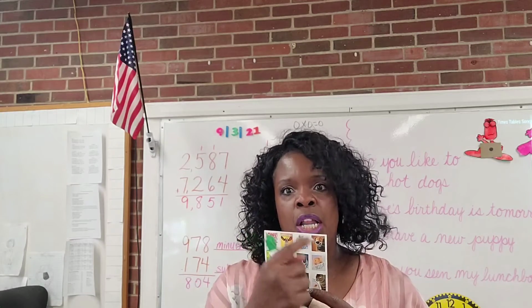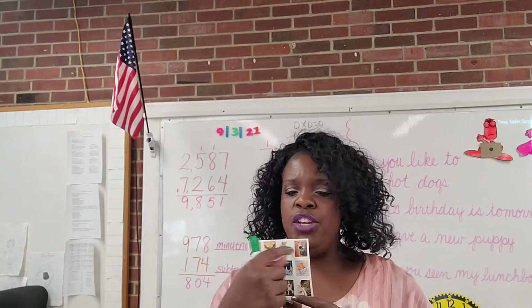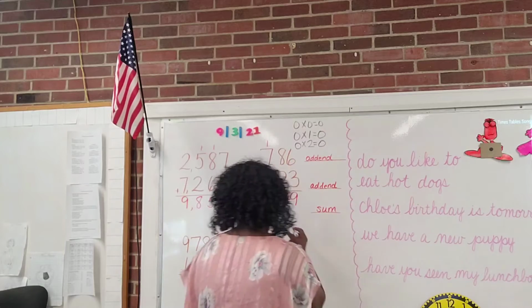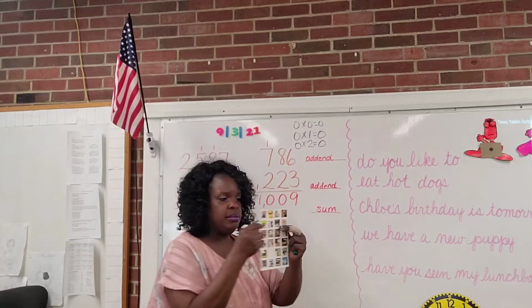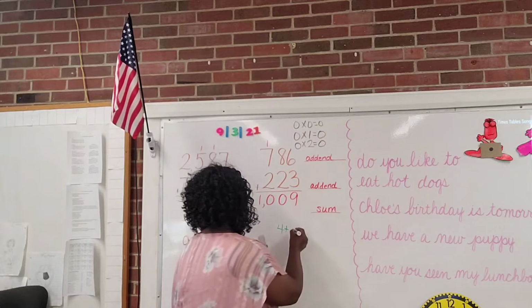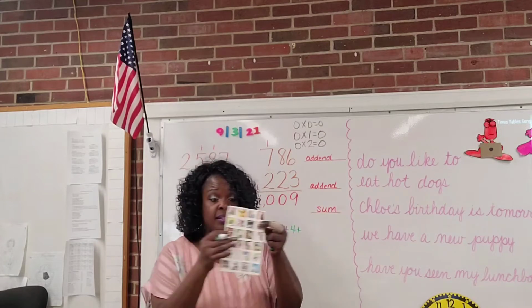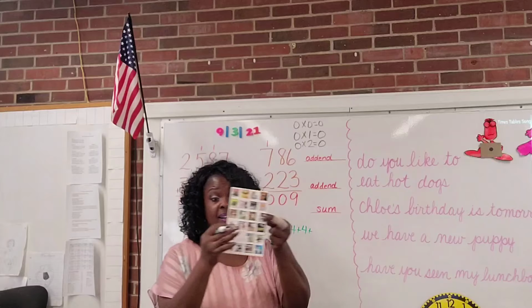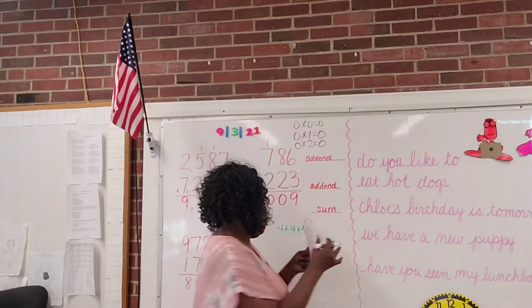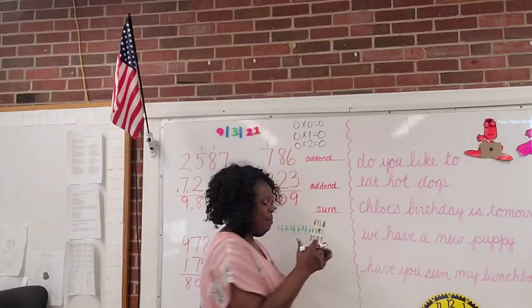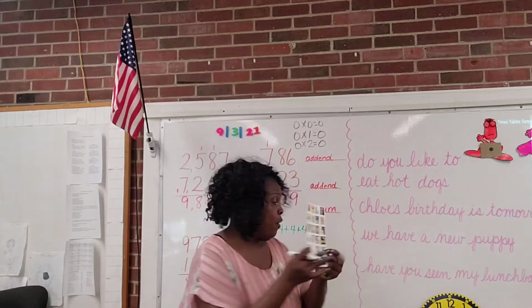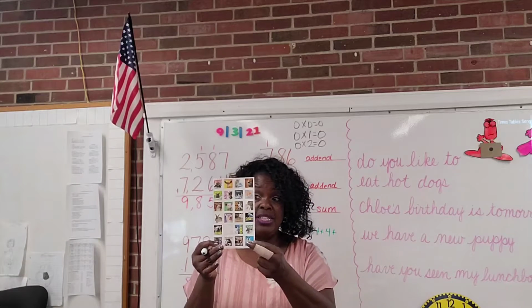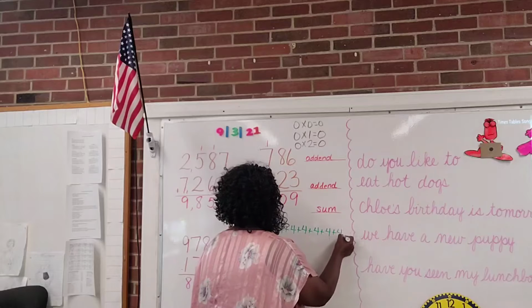Instead of counting all of them, running out of breath, I could look at each row and say there's 4 in each row. So we'll do 4 plus my second row of 4 plus my third row of 4 plus my fourth row of 4 plus my fifth row of 4 plus my last row of 4, my sixth row of 4.